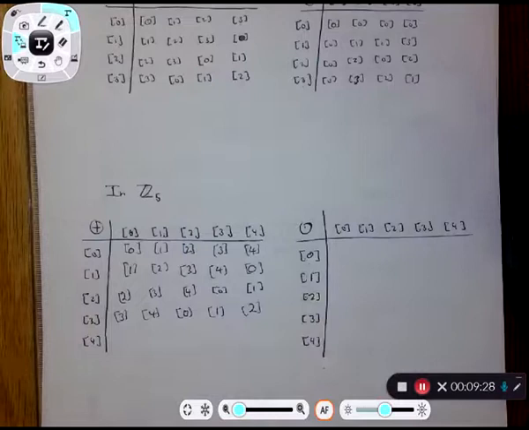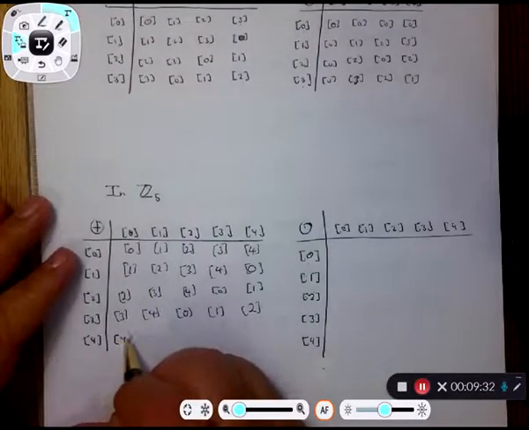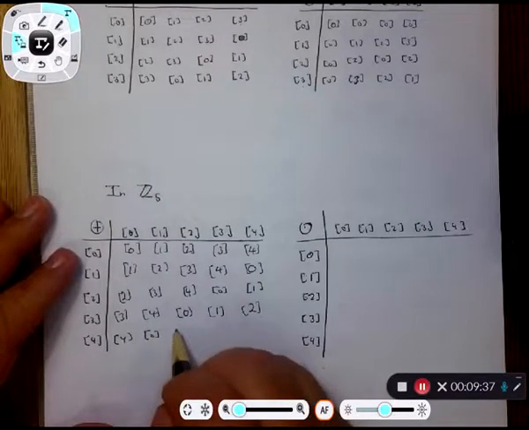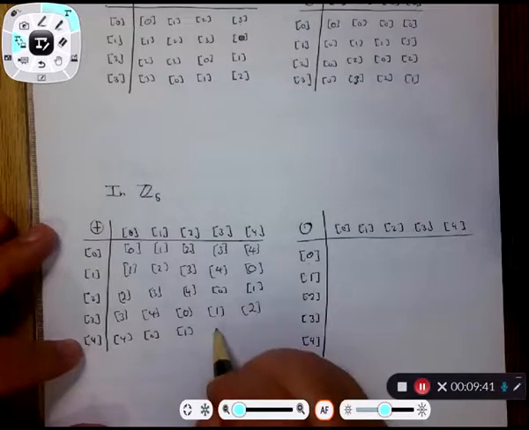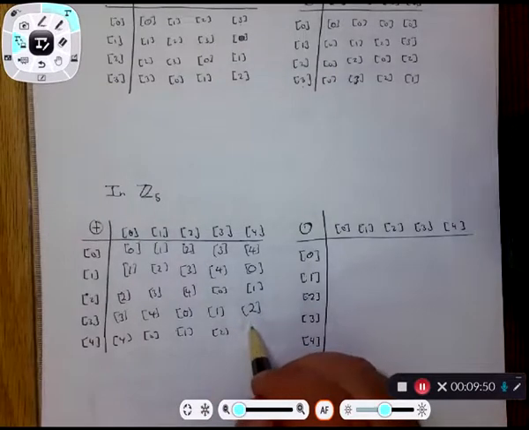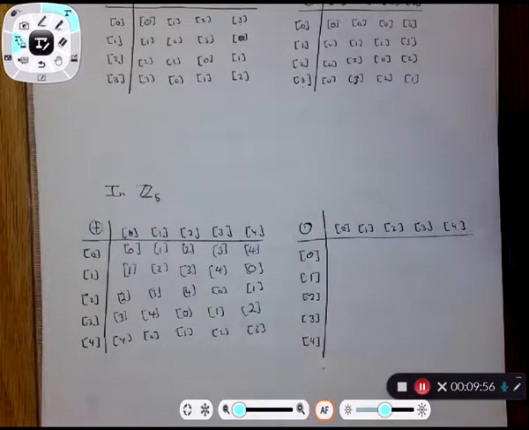And then 4. 4 plus 0 is 4. 4 plus 1 is 5, but in Z5, 5 is equivalent to 0. 4 plus 2 is 6, which is equivalent to 1. 4 plus 3 is 7, which is equivalent to 2. And 4 plus 4 is 8, and 8 in Z5 would be 3. And there's my addition table for Z5.